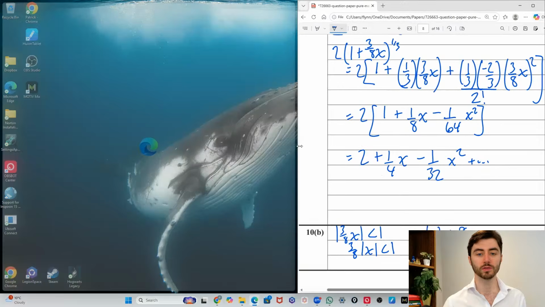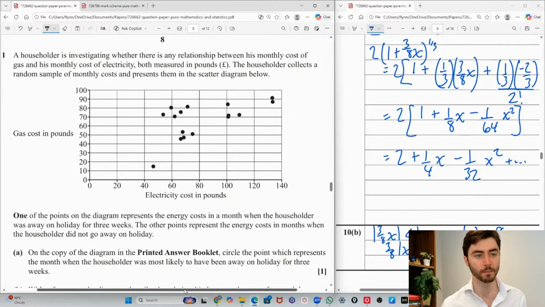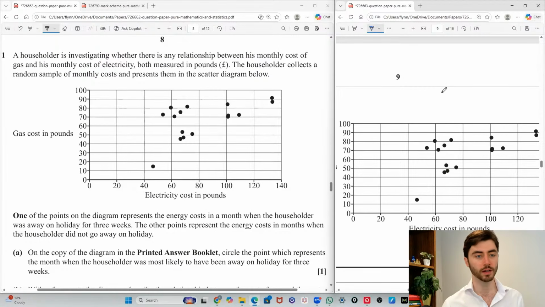Now, scrolling back across so that we can get a sense of what's happening here in question 11. So, okay, what's going on here? A householder is investigating whether there's a relationship between his monthly cost of gas and his monthly cost of electricity, both measured in pounds. The householder collects a random sample of monthly costs and presents them in the scatter diagram.